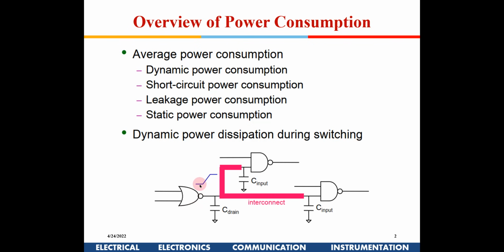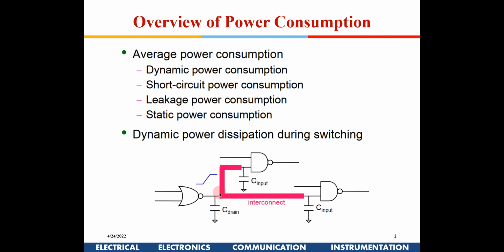And then we are talking about the power which has been consumed by this particular gate. It is going to drive one or more gates. We will have an interconnect out here, right? So this is going to be a part of the syllabus. Yes. So we'll have some interconnect wires.